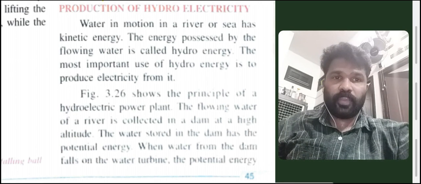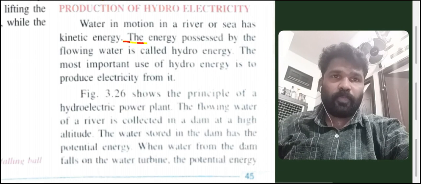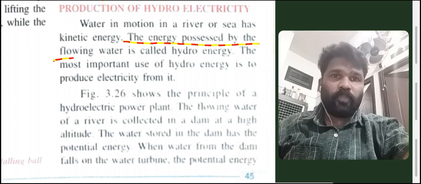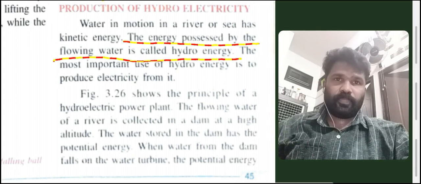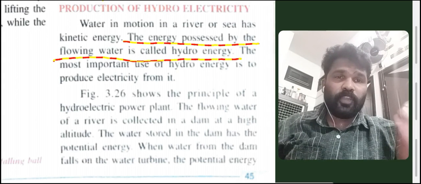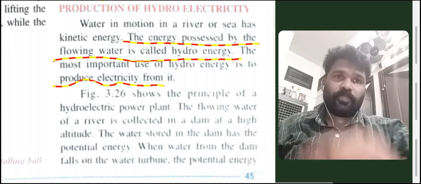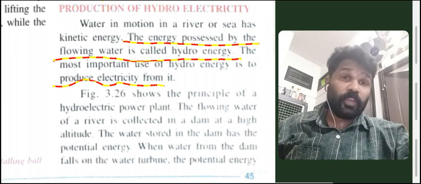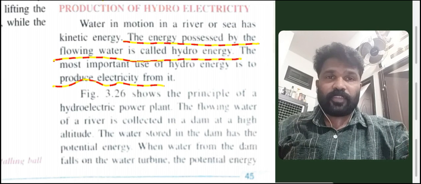The energy possessed by the flowing water is called the hydro energy. The most important use of hydro energy is to produce electricity from it. What is the most important use of hydro energy? That is to produce electricity from it.